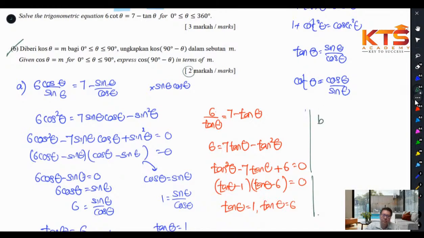So cos theta equals m. The question is cos of 90 minus theta. Expand it: cos plus sine.